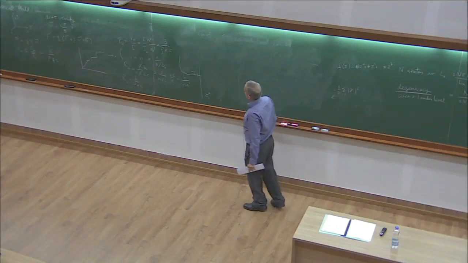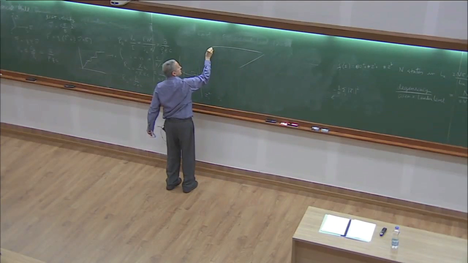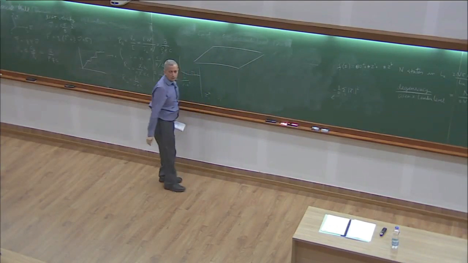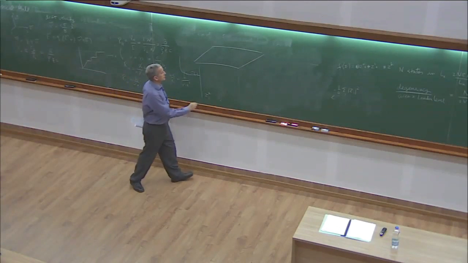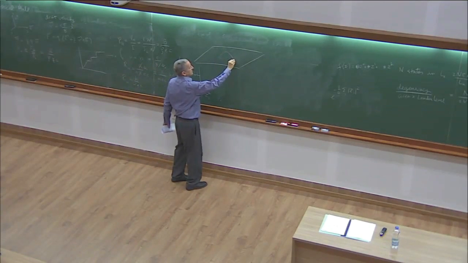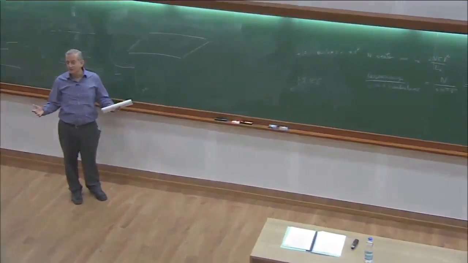So let's imagine a two-dimensional system with no disorder. And now let me put on top of this a potential hill. And let me ask what this is going to do.